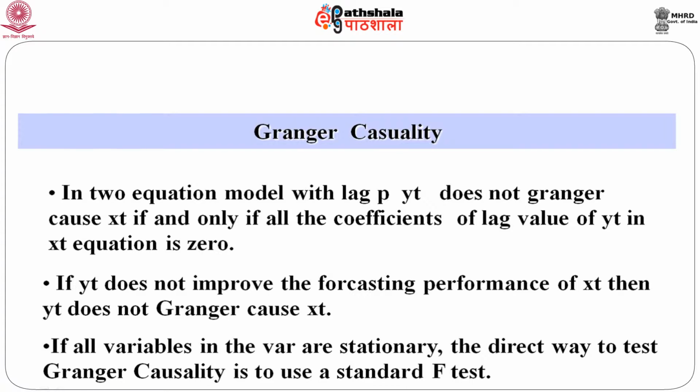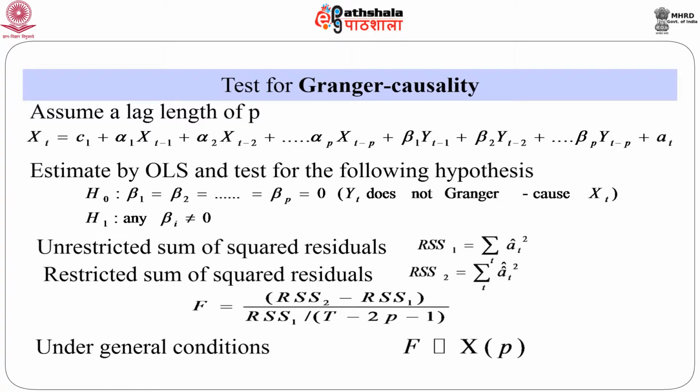If all the variables in the VAR are stationary, the direct way to test Granger causality is to use a standard F test. As in our earlier case, assume a lag length of p. So, xt depends on past values of xt up to lag p as well as past values of yt up to lag p.